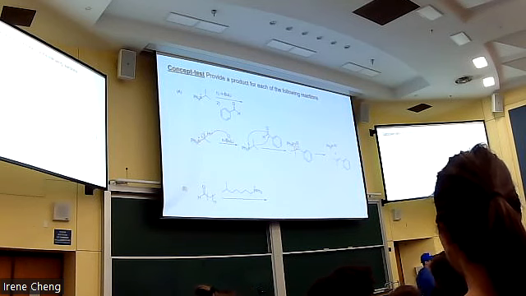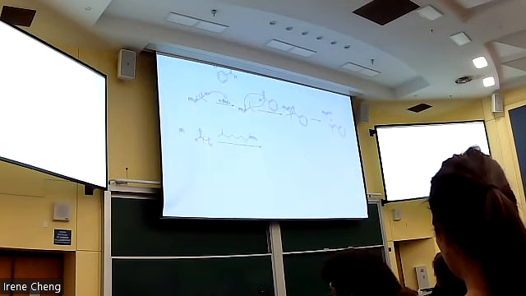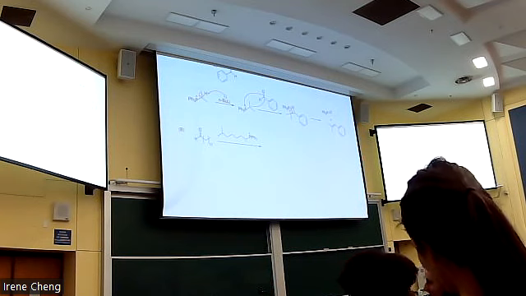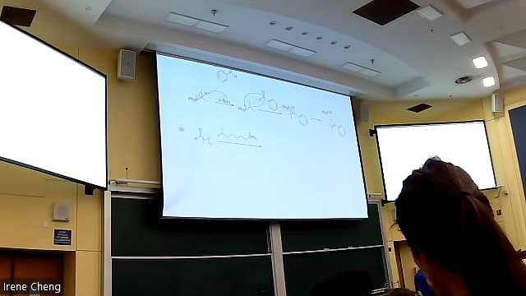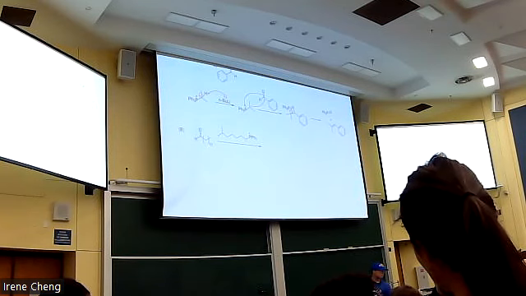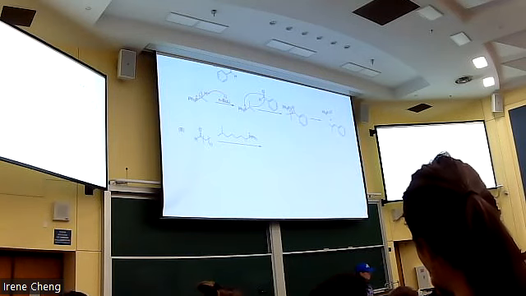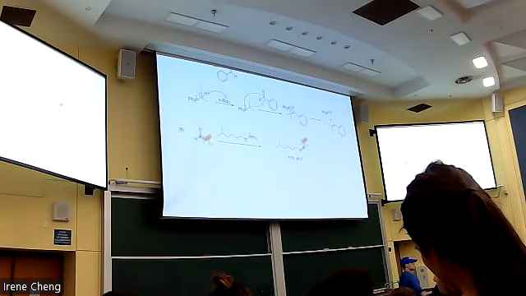Give me the product, please. In B, give me the product right away: carbon attacks carbon, oxygen to phosphorus. That's the product.